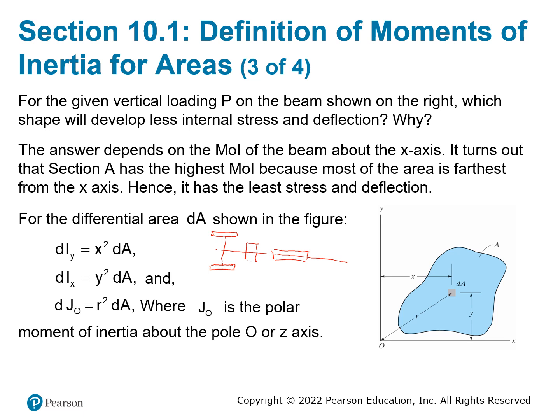This is more concentrated, this is more distributed. More distributed is going to give you a higher moment of inertia, because the distance of the area that is away from the middle gives you a higher calculation, and it will give you a higher moment of inertia.